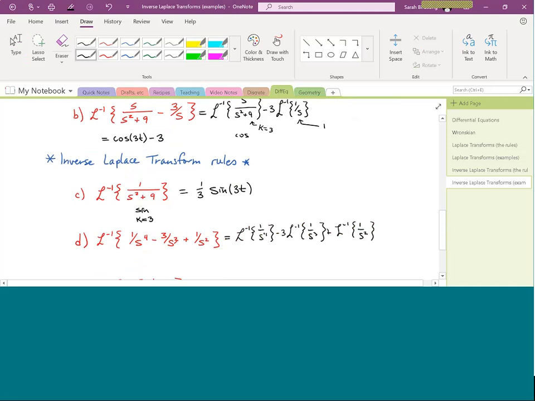Now, if we want to go ahead and start taking the inverse Laplace transforms of these guys, what rule are we going to be using? Anybody have a guess? In other words, what type of function are these guys going to turn into? They could turn into all different things, but in this case, actually it's the same rule for all 3 of them.